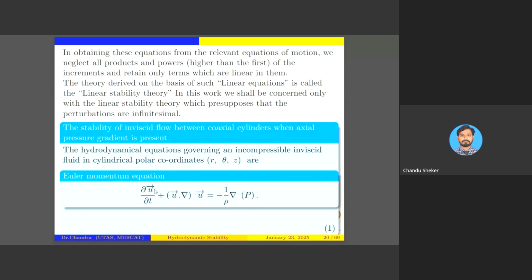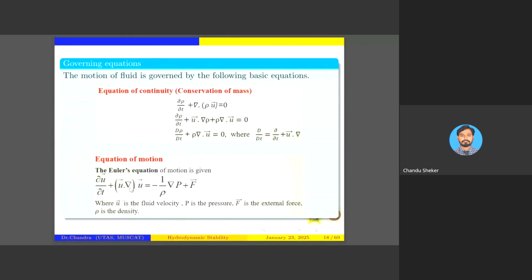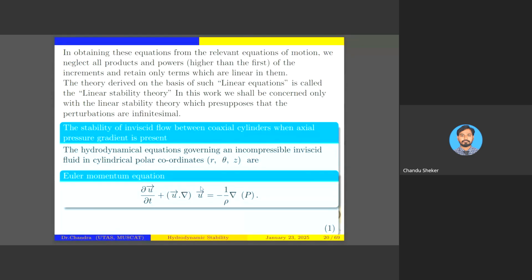Now the Euler momentum equation is given by this, and as I said before, this equation includes the external force F bar also, but there is no external force acting on the fluid, so we eliminated this F bar. So we are using only this term for the Euler momentum equation.